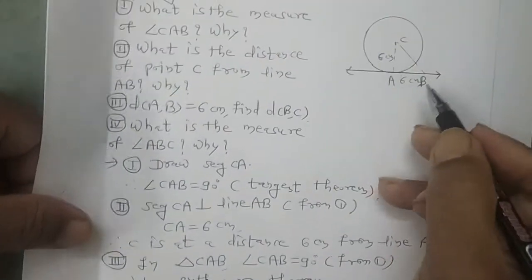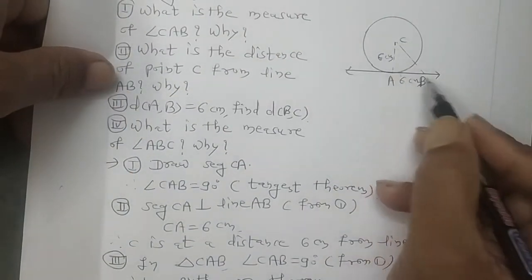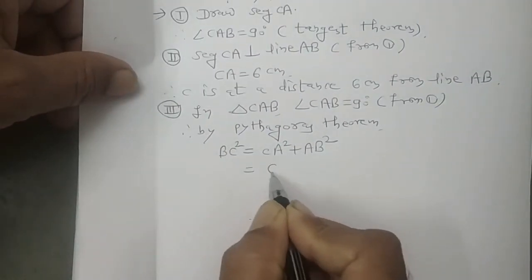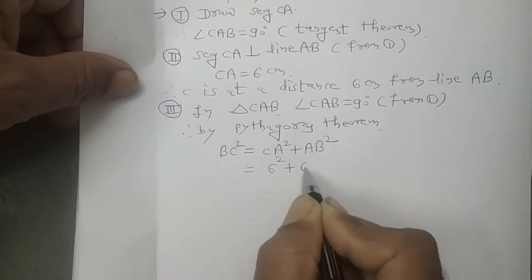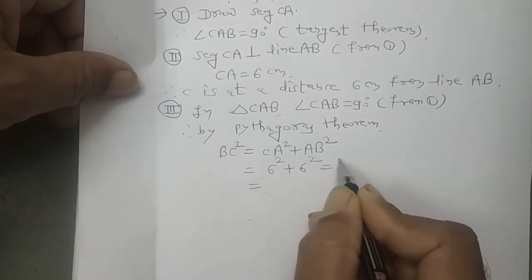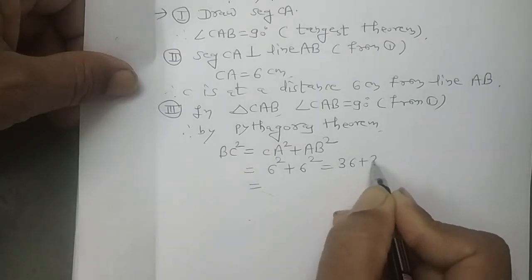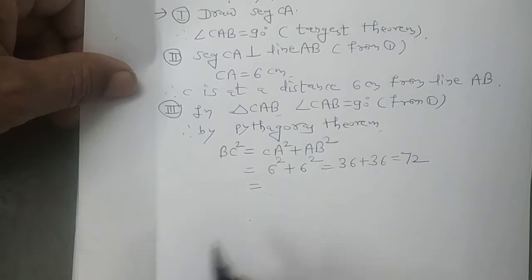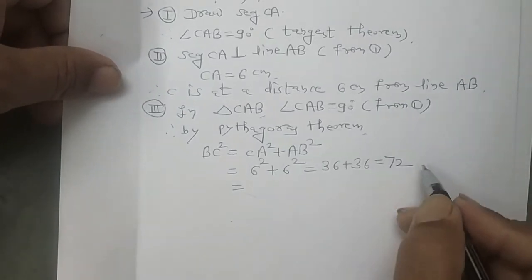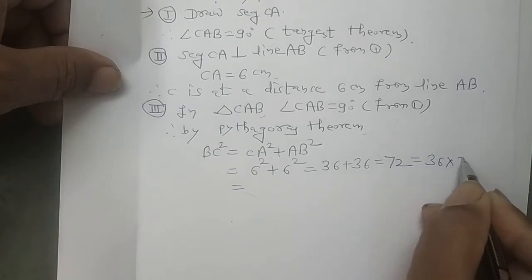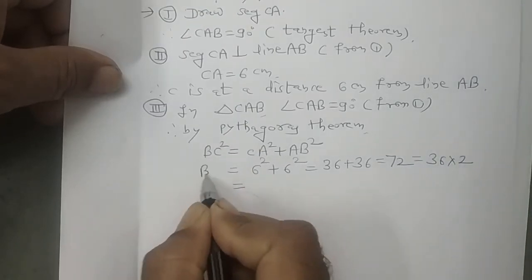Now we have given value of CA is 6 and AB is 6. Therefore, BC square is equal to 6 square plus 6 square, is equal to 36 plus 36, is equal to 72. Now 72 is written as 36 into 2.